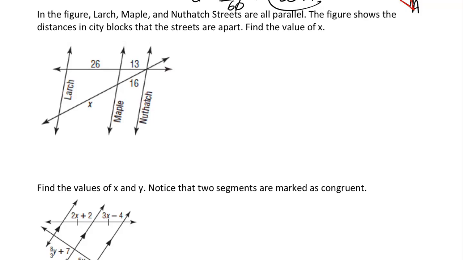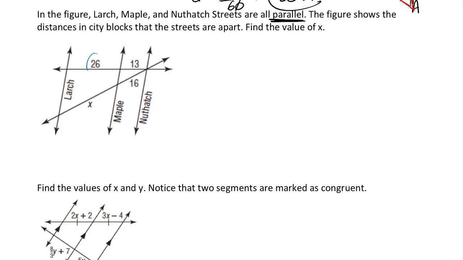On this next one, we're told that all these streets are parallel, and we'd like to find the value of x. The thing to notice inside here is that you have a triangle, and you're told that these are parallel sides, so you can use the triangle proportionality theorem.